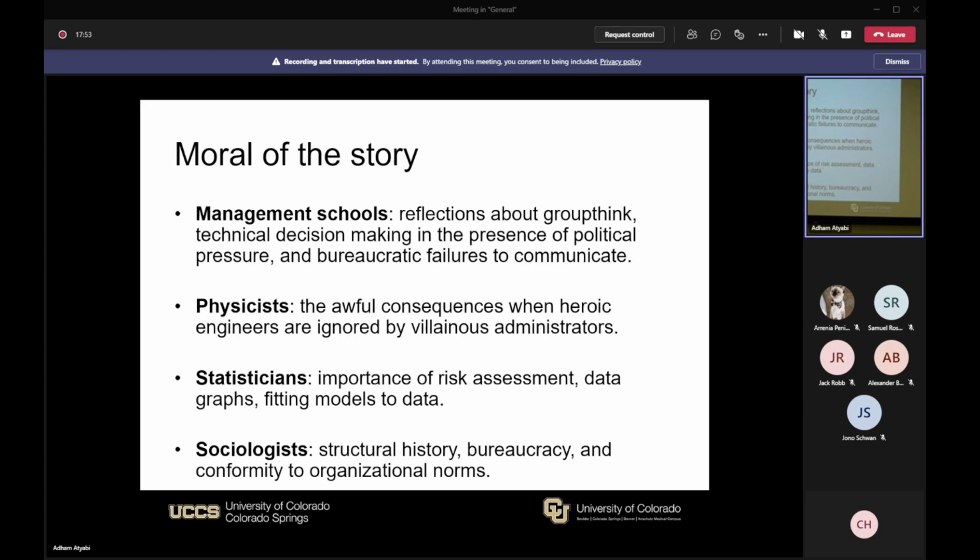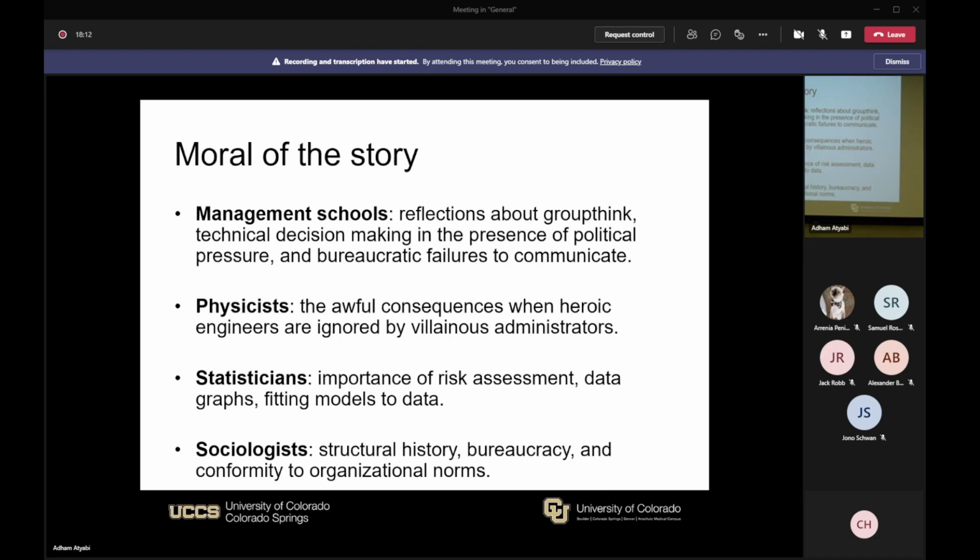Or saying that, for example, in management schools, the accident serves as some sort of a case study for reflections about group thinking and technical decision making in the face of political pressure and bureaucratic failures to communicate, and so on.